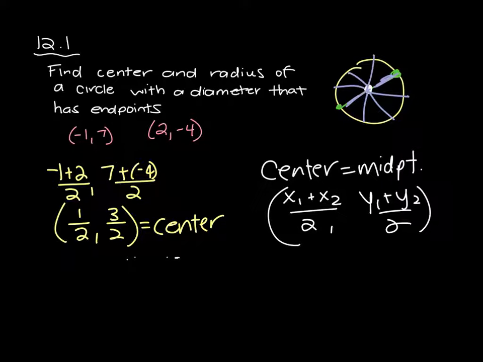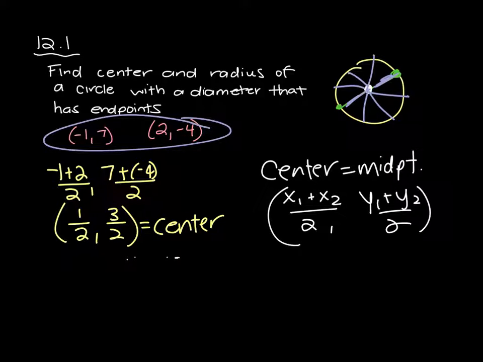Good. So I can use the distance formula with my original endpoints and divide by 2, because the original endpoints are going to give you the entire diameter, divided by 2, and I get the radius. The other option is what? How else can I show the radius? The distance between the center and one of the endpoints.